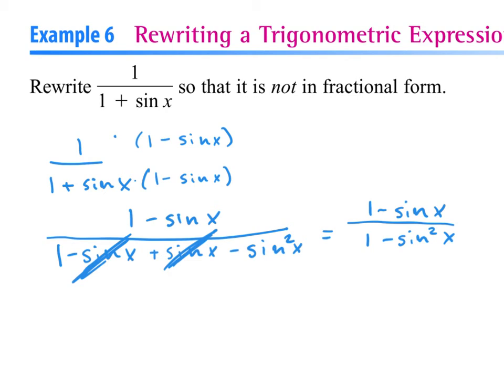Alright, let's look at our identities again. We see we have a sine squared x, so we want to look at our Pythagorean identities. Can we change 1 minus sine squared x to anything? We can change this to cosine squared.